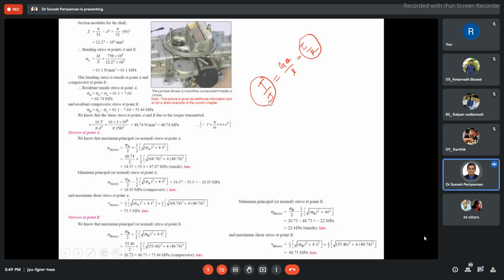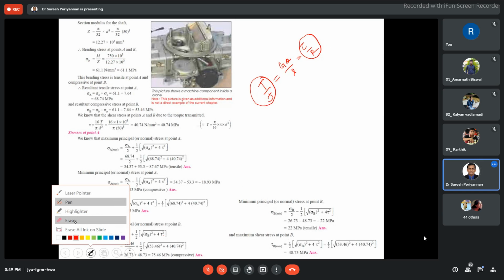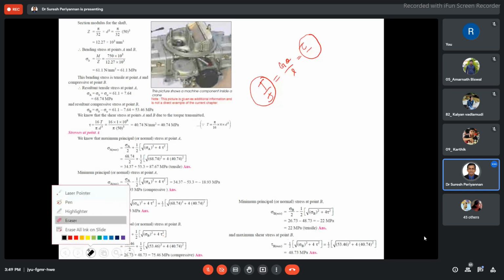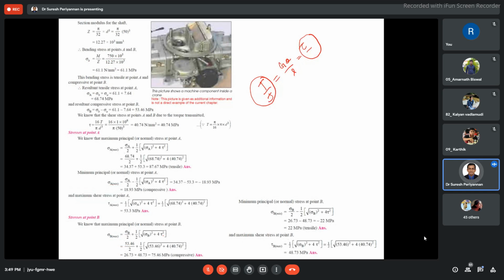This is the polar moment of inertia J. T tau by R. Sorry, this R is not this R. Extremely sorry, it should be a small R. If you put that R, that is a bending moment. During deflection of the beam, that is the radius of the beam. This is the R, tau by R.